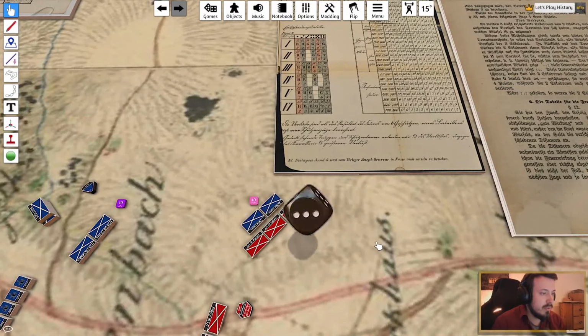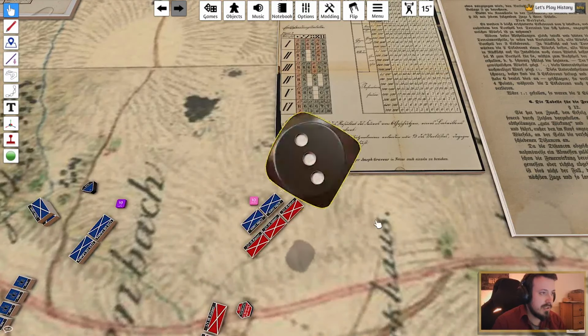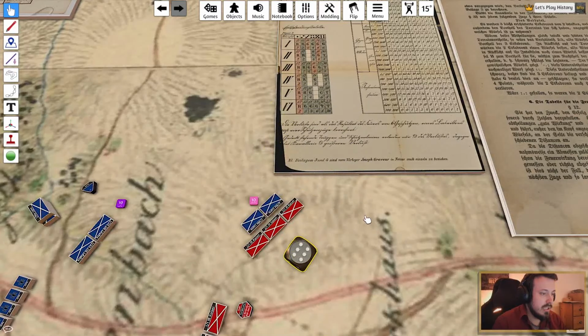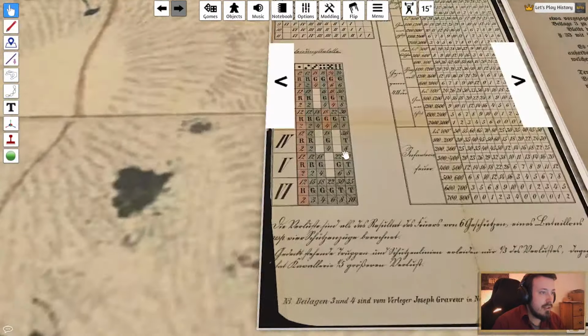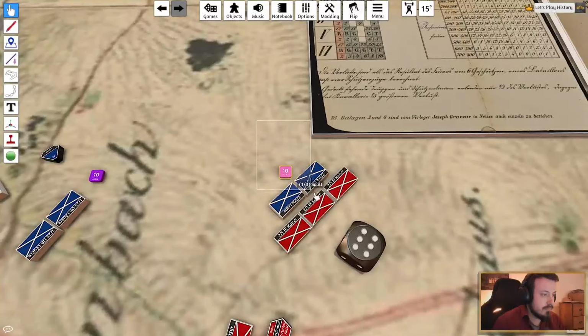So now we roll die number 4, and on a result of 3, well, for probability reasons, we have to re-roll. A blank result always means re-roll. And we roll a 6, which is the worst that could have happened for blue. It is 30 points of losses and completely beaten, right?